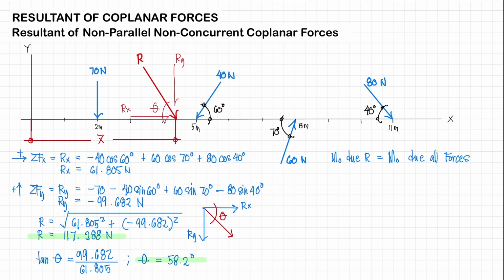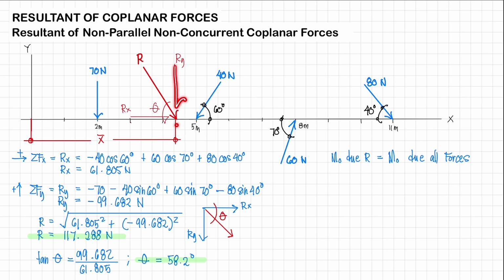All right? So let's write it down. First off, the horizontal component of your resultant is acting along your point O. So we don't need to consider that. What we need to consider is your Ry, or the vertical resultant.